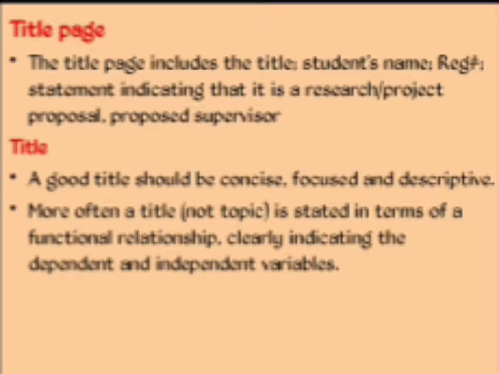So the statement can sound like: research proposal submitted to the Department of Chemistry in partial fulfillment of the requirements for award of a bachelor's degree in science, technology, chemistry, or a bachelor's degree in chemical engineering and process engineering, something like that. So then you propose a supervisor.